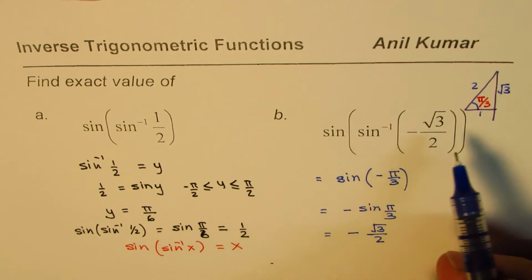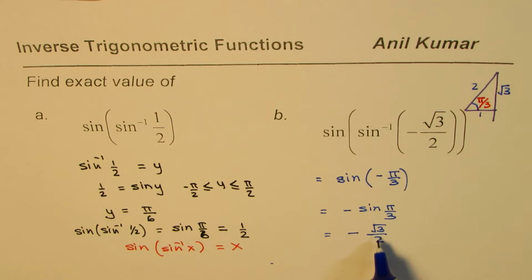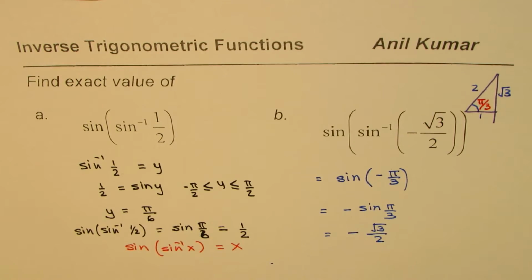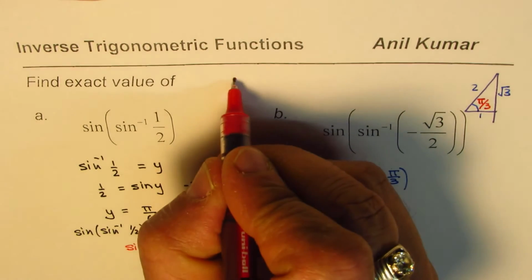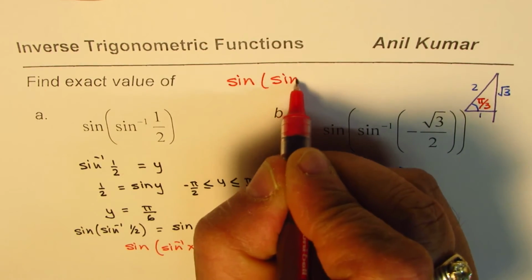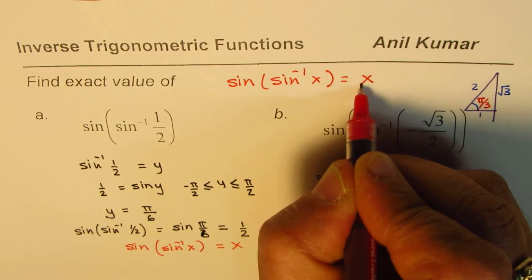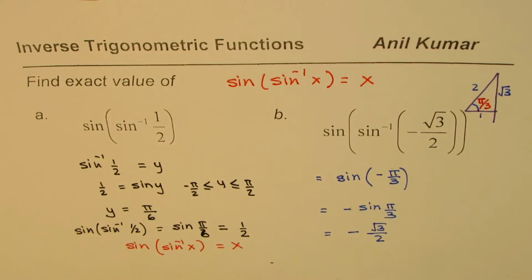So here also we see that sine of sine inverse x is the same as x, right? So always what we will get is that sine of sine inverse x will be equal to x, right? So that is how it is.